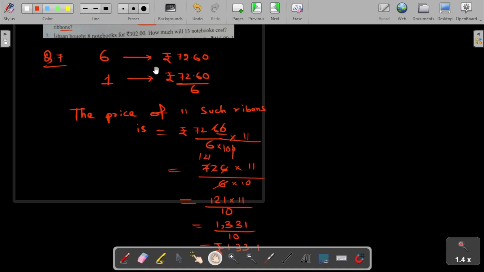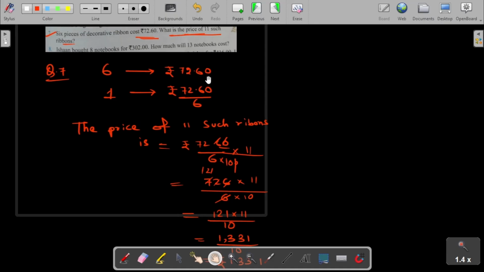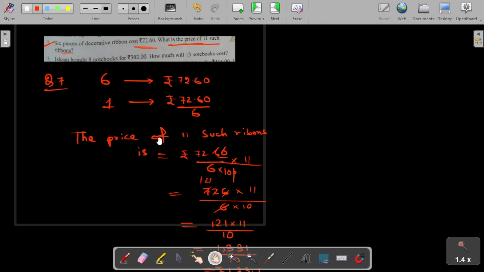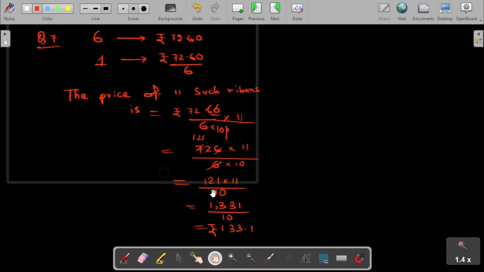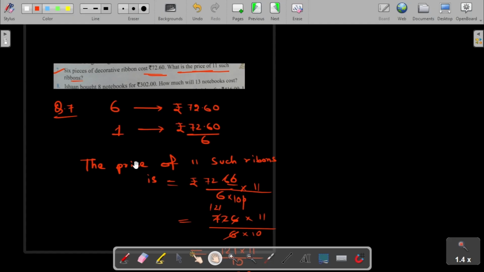So if the price of 6 ribbons is 72.60, firstly we find the price of 1 ribbon, 72.60 divided by 6. Now we want 11 such ribbons, so that's why we multiplied by 11. After simplifying, the price is 133.1.